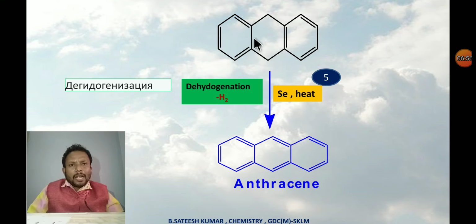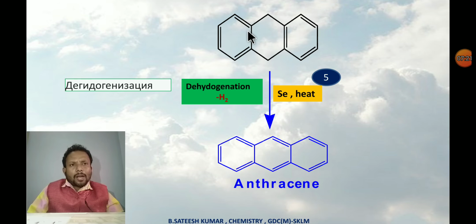This is a 9,10-dihydroanthracene. This dihydroanthracene is involved in a dehydrogenation, that means elimination of H2 molecules from the compound. This process is called a dehydrogenation process.